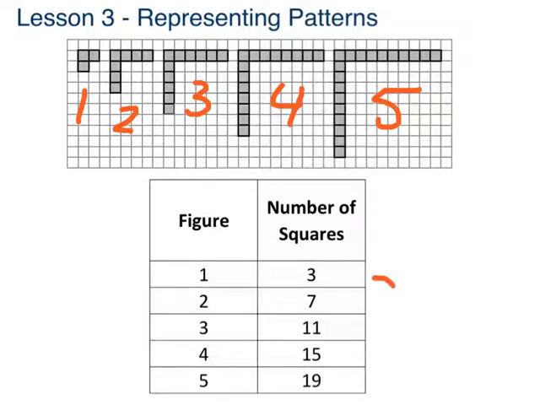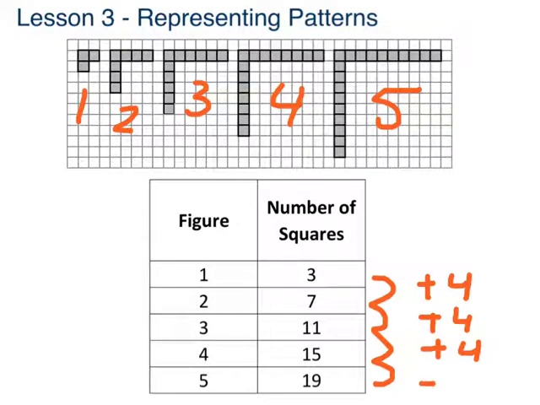So we agree that the pattern grows, that it gets bigger, and you've probably realized that each time we are adding 4 more squares. So 3 plus 4 is 7, 7 plus 4 is 11, 11 plus 4 is 15, and 15 plus 4 is 19. So we're adding 4 squares each time.